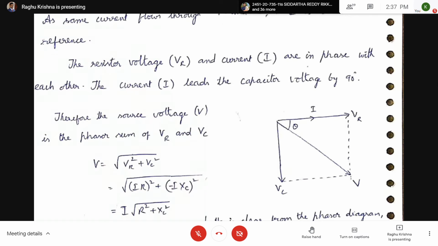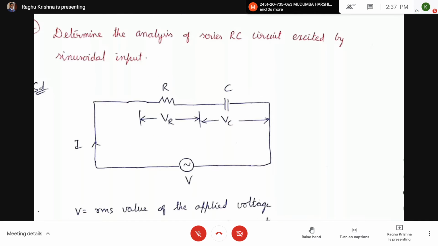Phasors will always be rotating in the anti-clockwise direction, and the projection of the phasors on the y-axis gives the instantaneous values, or the value of the quantity at that instant. Now here VC I have drawn. Supply voltage is equal to VR plus VC as per KVL.